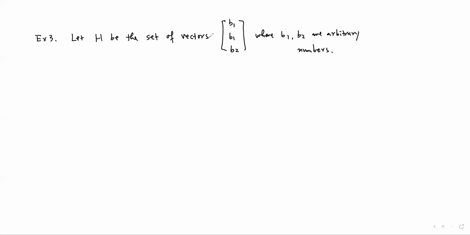Vectors of this form, put them together, we have a set, I call the set H. Then it is easy to see that this H is a subspace of R3.